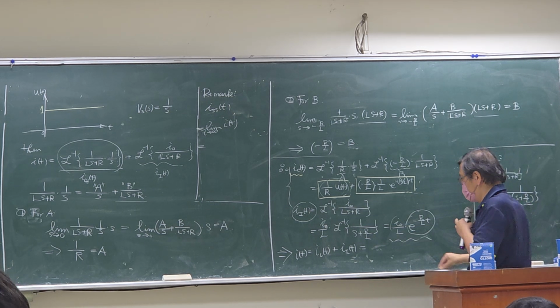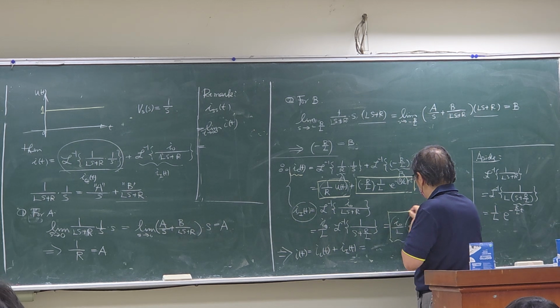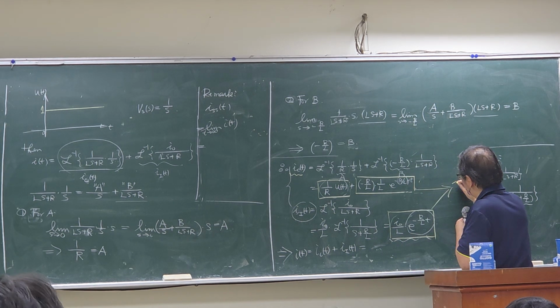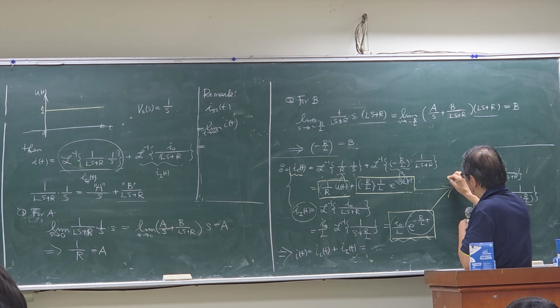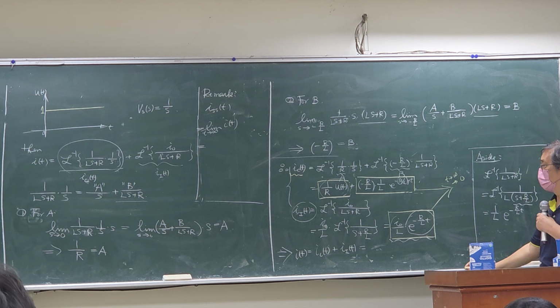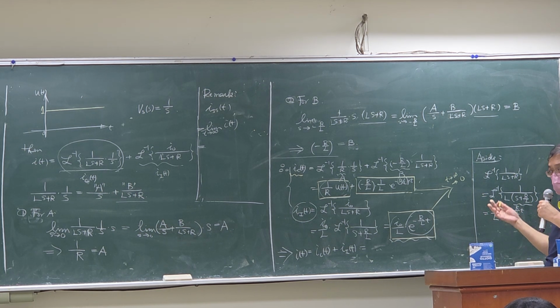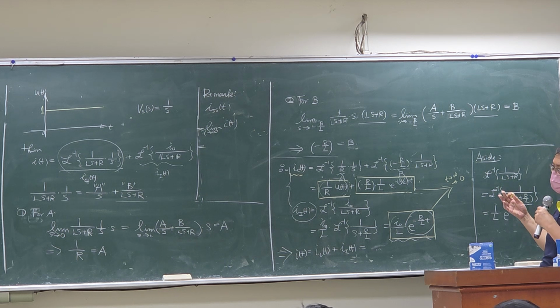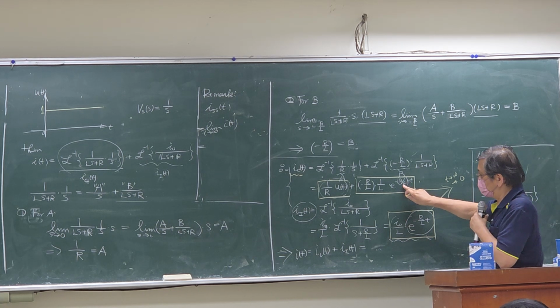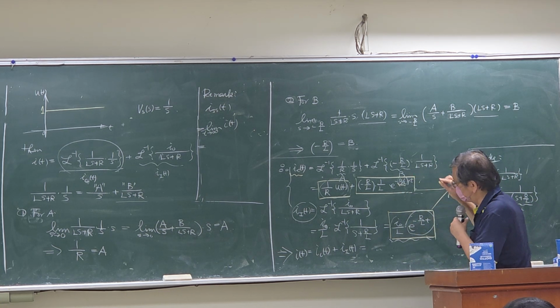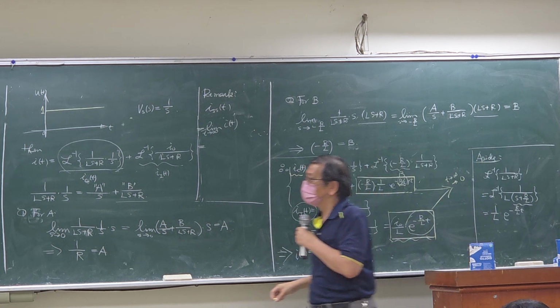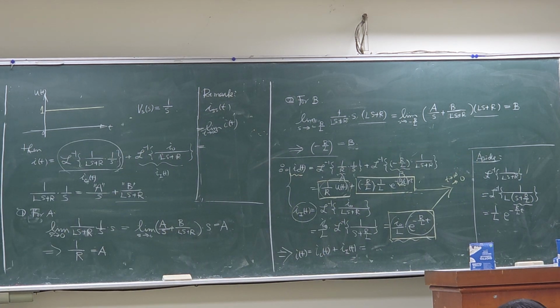So both of these two terms go to 0 as t approaches infinity. Why do we have this kind of good result? Because this is a pole. The negative value is a pole. And look at the transfer function here.